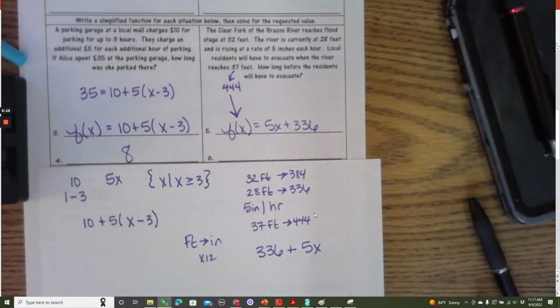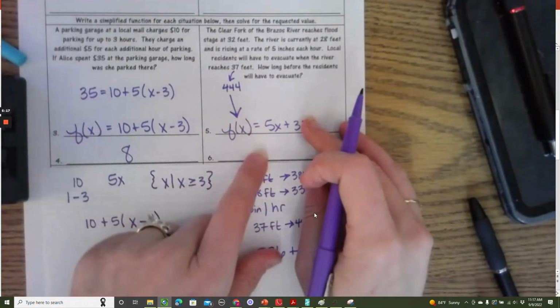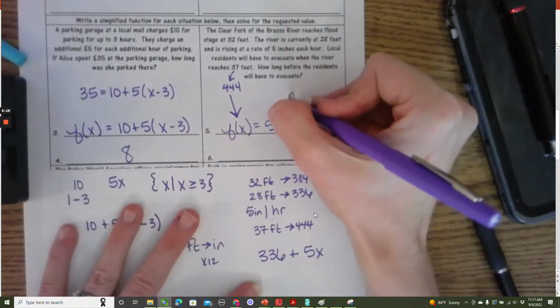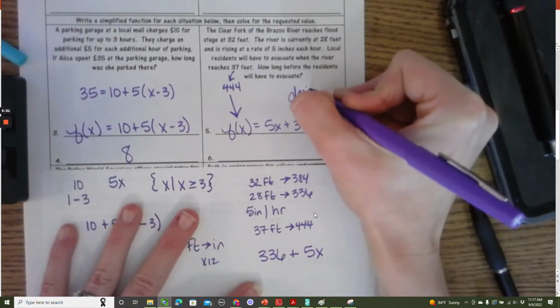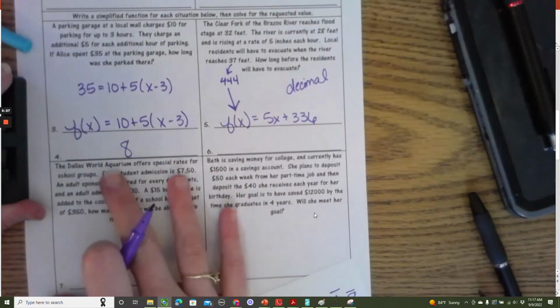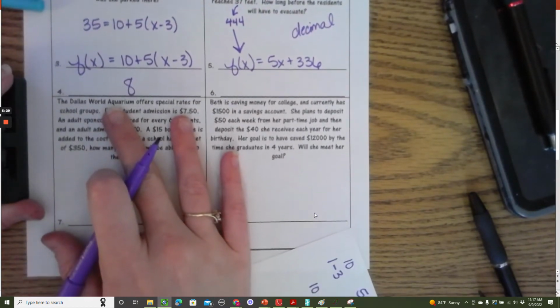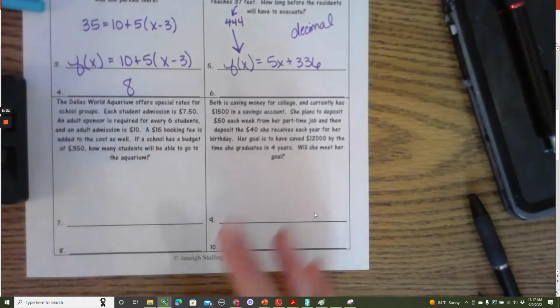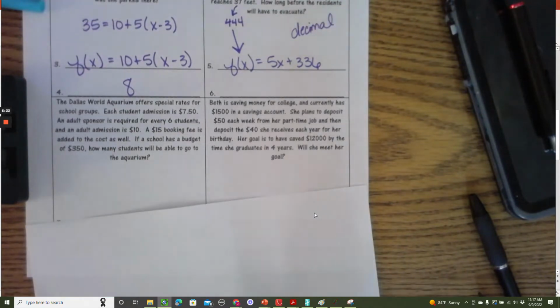You can write minutes as a decimal. That is a realistic answer. So your answer for this problem will be a decimal. Okay? If you need help with solving, let me know. I'll write it up here. I'll write the buttons that you push.